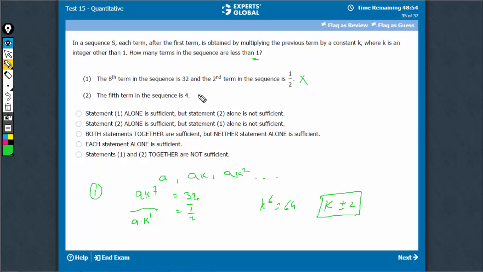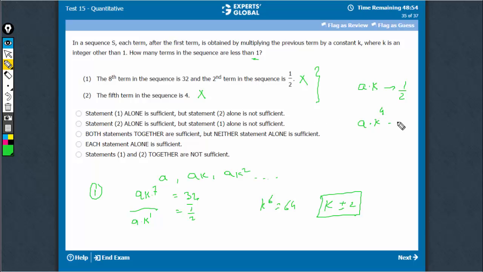Statement 2 alone gives very little information. This cannot be sufficient. On combining, however, this tells us that the fifth term is 4. So we know that the second term, a times k, is positive. It is half. It tells us that the fifth term now is positive.